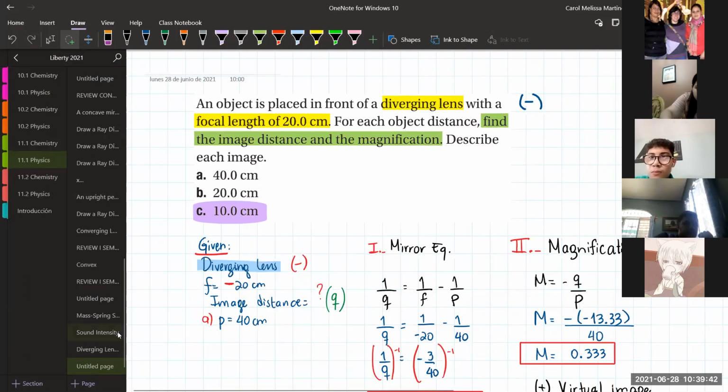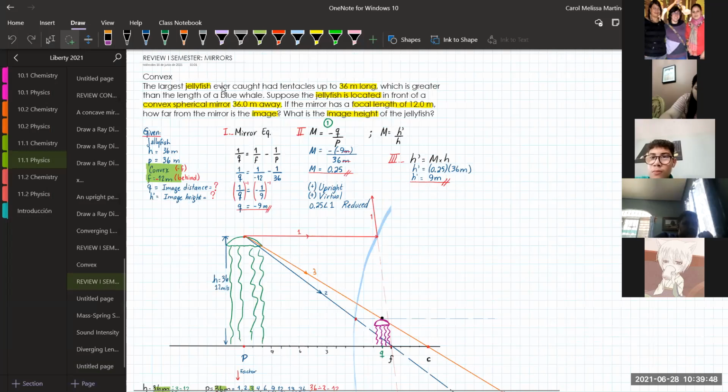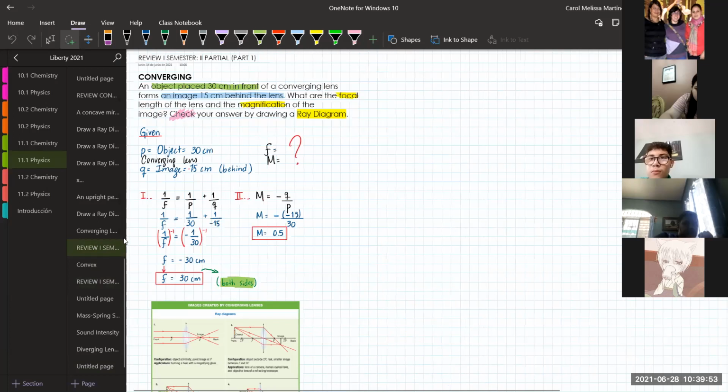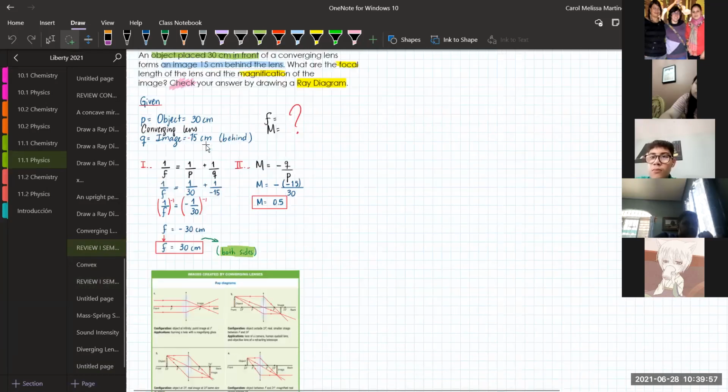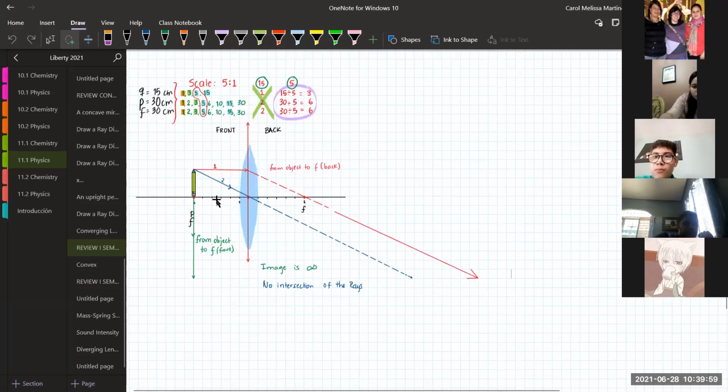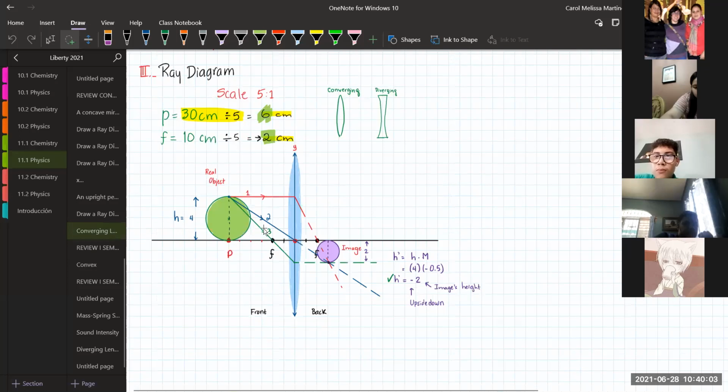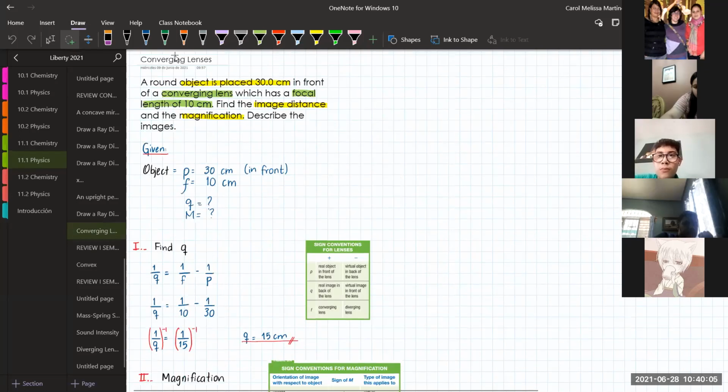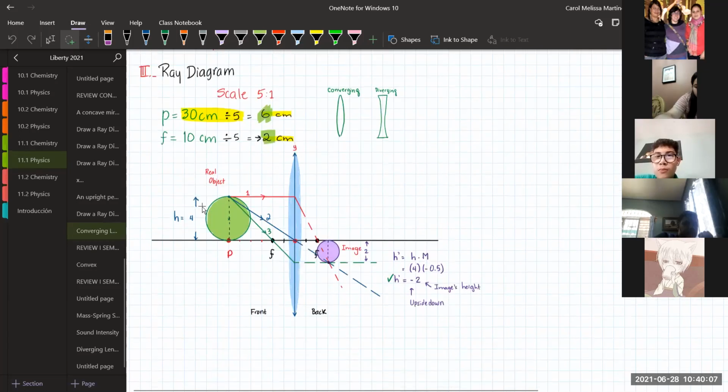Converging lens, I already did a review, okay? Remember? Now this was convex. Converging lens, this is the review that I gave you on June 14. The exercise about the pencil that here no image was formed. But I also did another example, this one, okay?